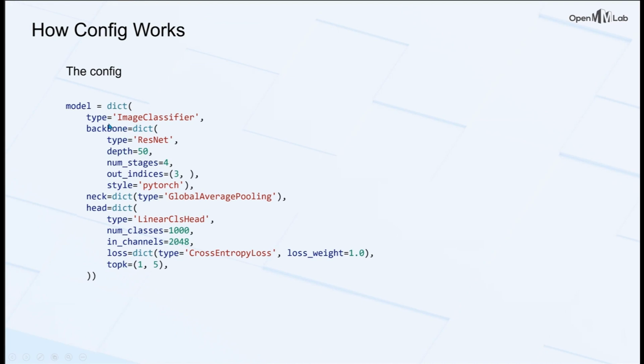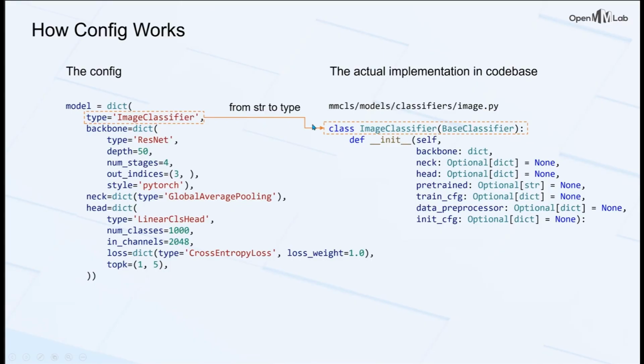You still remember the type key here. There is a corresponding class implementation in the code base. When you specify the type, the program will find the target class and instantiate it.